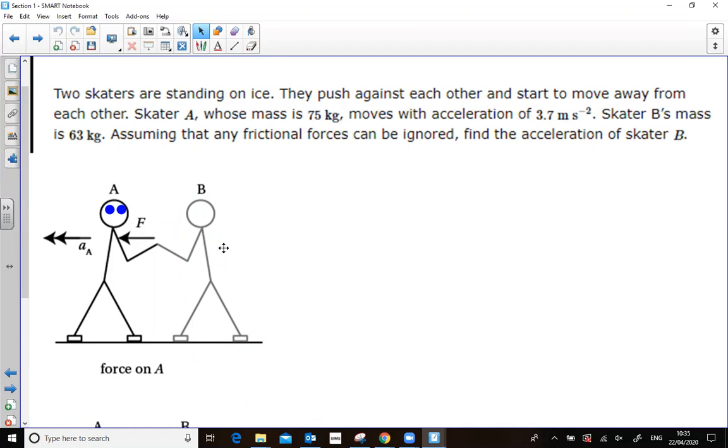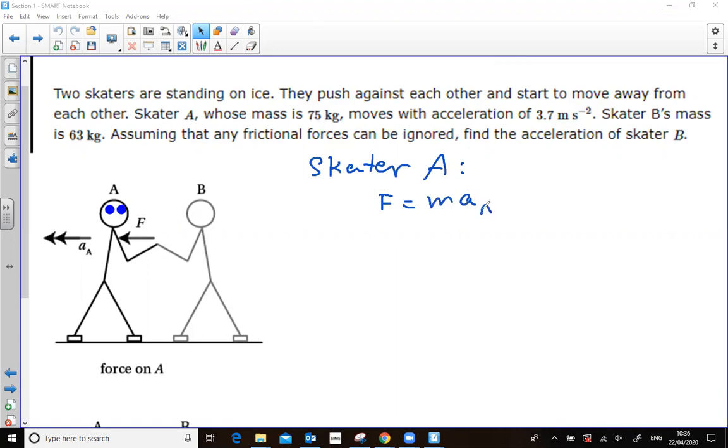Okay, so let's focus on skater A first, because we know skater A's mass is 75 kilograms, and we also know the acceleration. So I think what we need to do is to firstly work out the force acting on skater A. And we will need to use F equals ma.